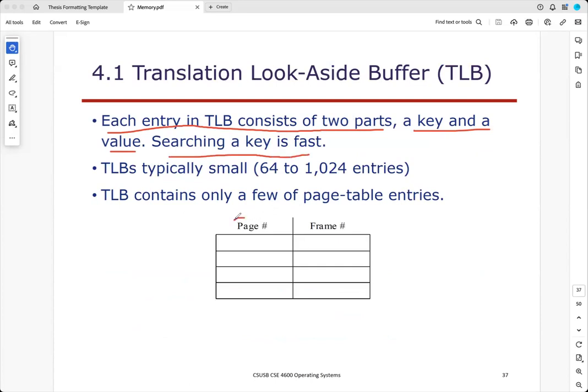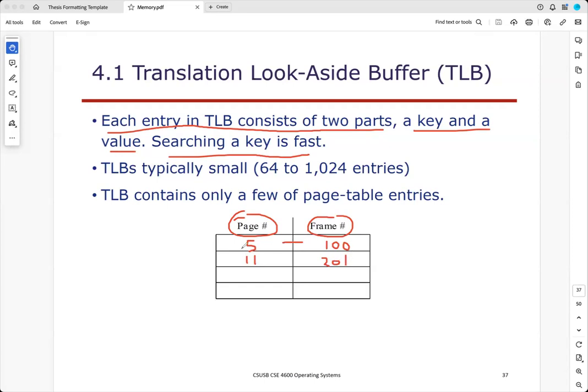The key is a page number, so page numbers are stored as keys in the TLB, and the frame number is stored as the value corresponding to the key. For example, page 5 is stored in frame 100, and page 11 is stored in frame 201.